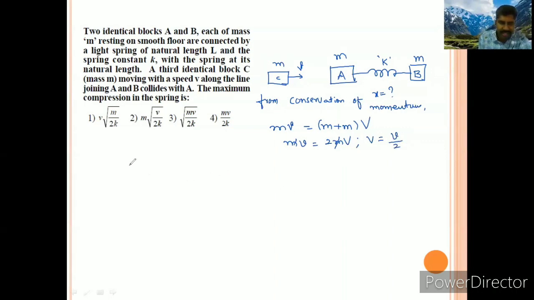Now we can write the kinetic energy of the A block and B block system. We can calculate. How can we write? Half m, since both masses are the same, m. Velocity, how much is it? V by 2 whole square. So how much can we get?